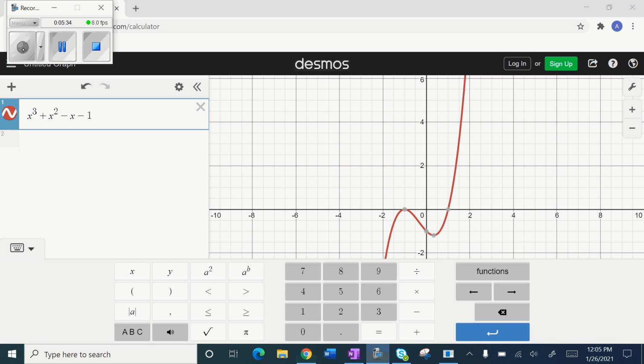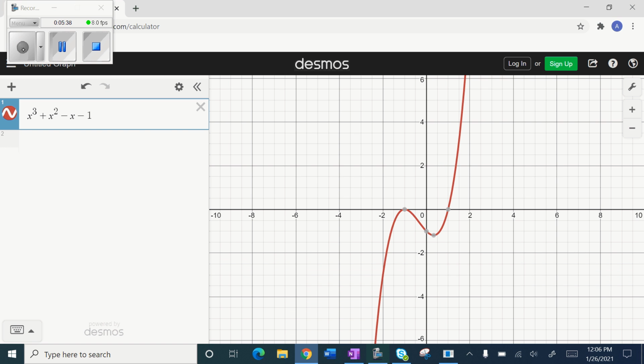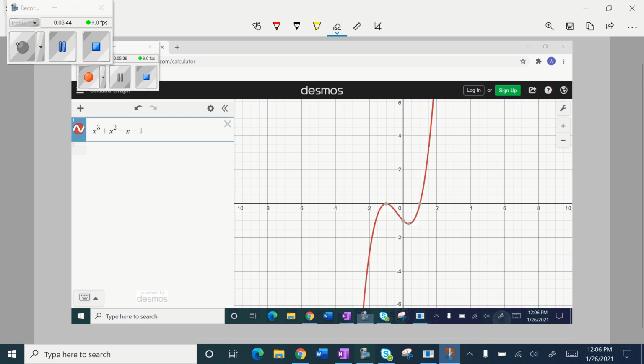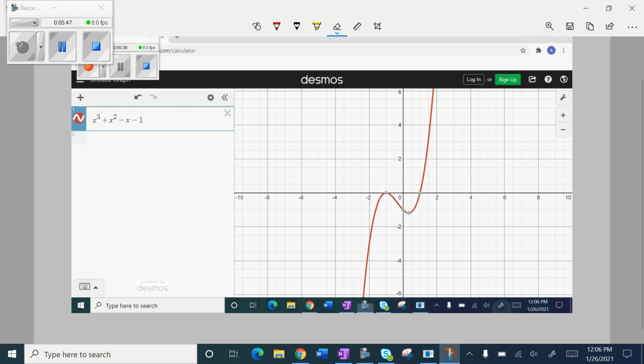As you can tell, this is our graph. This is what I filled in on my graph. When I typed this in, it showed me that I had an x-intercept at -1 that was a bounce and an x-intercept at +1.